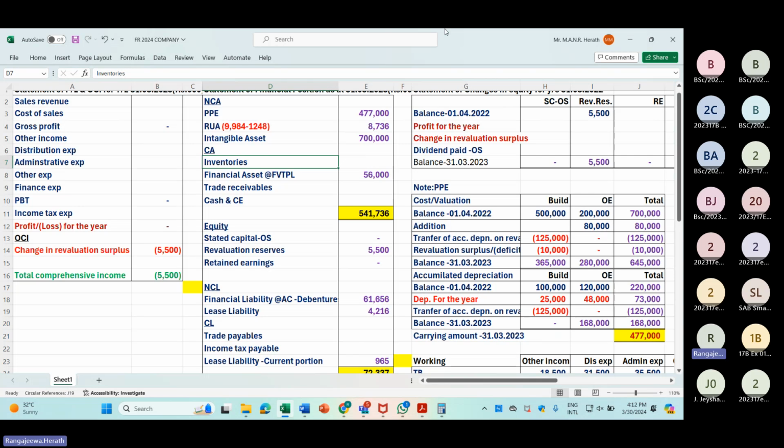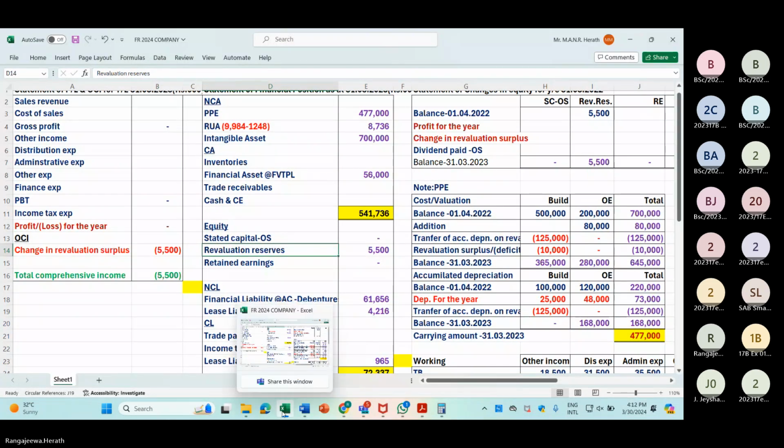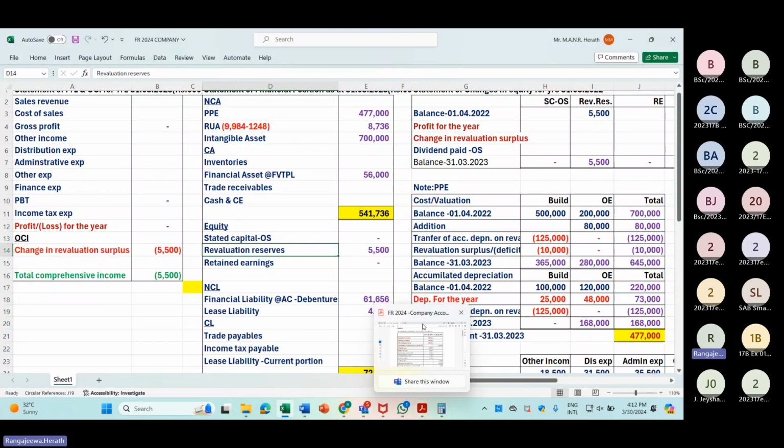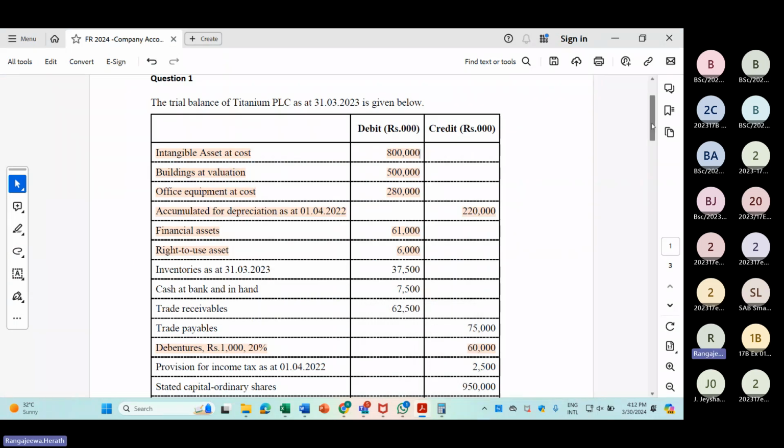Intangible asset 700,000. Finally, the income tax.